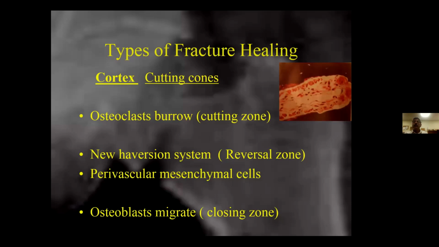The first is the osteoclast burrowing to create a channel, which is called the cutting zone. Then behind that, new blood vessels and new Haversian systems form, and mesenchymal cells are brought there, and that's called your reversal zone. And then say, I do know that osteoclasts will migrate and form the bone, which is the closing zone. Right, so this is where we are for the types of fracture healing.